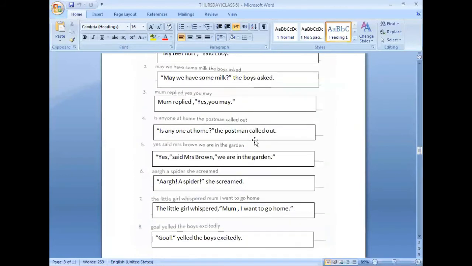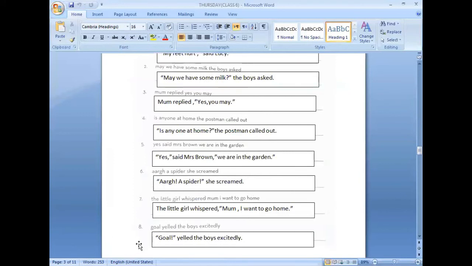Okay, so in the same way there is a sentence in your book, sentence number 6: "Oh, a spider," she screamed. Now she's screaming, that means it's an exclamatory sentence. So inverted commas open, oh, exclamation mark, a spider, exclamation mark, inverted commas closed, she screamed.